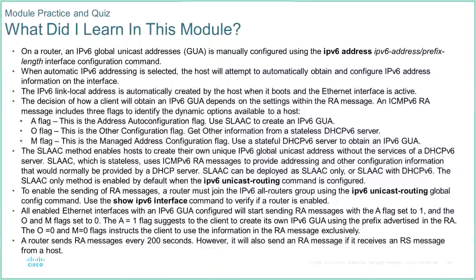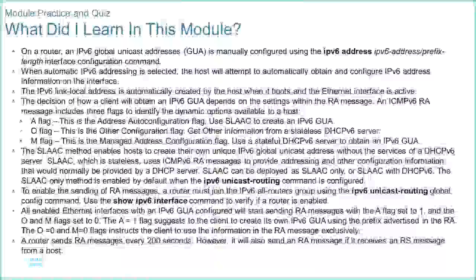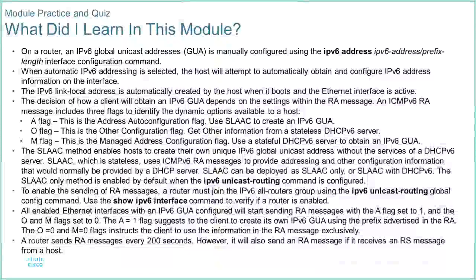Whether we're not going to use a server at all, we're just going to use auto configuration using SLAAC with a randomly generated ID, or whether we're going to redirect it to a stateless configured DHCP server. So that we need to understand what the flags are and how to configure them to get the method that we want to use in the network active.